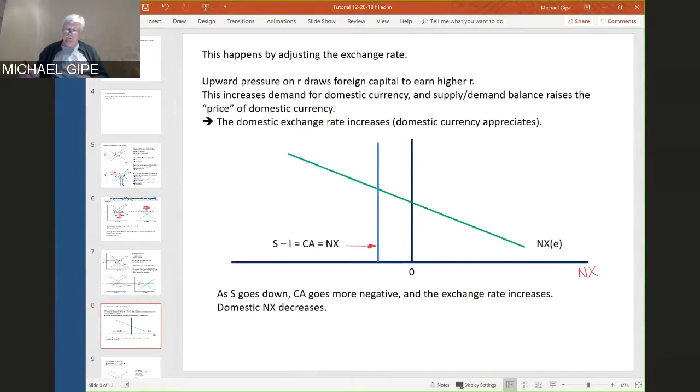And so that current account line also shifts left, like that. And what that does is it brings the exchange rate up to make that balance. So we'll go here from A to B. And so we're going from an exchange rate here to a new higher exchange rate where the domestic currency has appreciated. It's more valuable and we'll buy more foreign currency for the same amount.